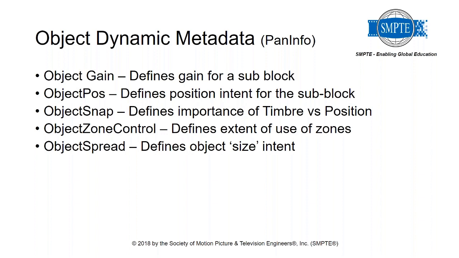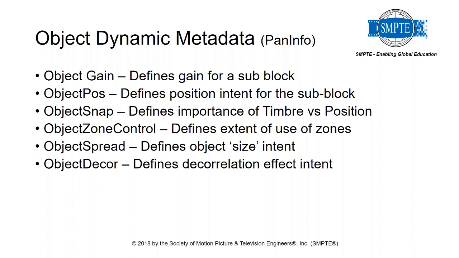Object spread essentially defines the object size. You may or may not want it to be a point source. If you don't want it to be a point source, you can give it a size parameter, which can vary from 0, which is a point source, up to 1, which means take up the entire cinema. Object decorrelation.